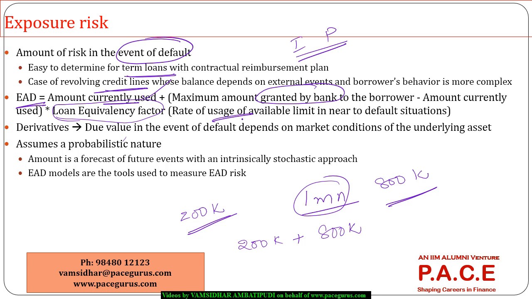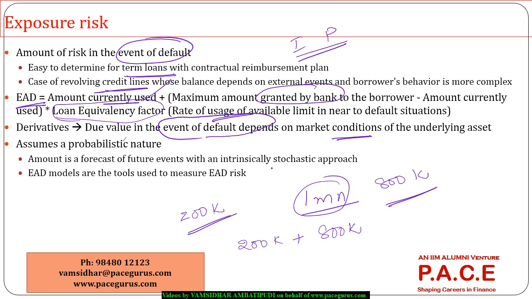And when it comes to derivatives, the due value in the event of default, when the default occurs, how much needs to be paid by one party to the other is purely based on the market conditions of the underlying asset. So the exposure at default keeps changing at different intervals. It is based on market conditions and various other aspects. So we need to focus on the various ways in which the exposure risk can be determined for different kinds of asset classes.